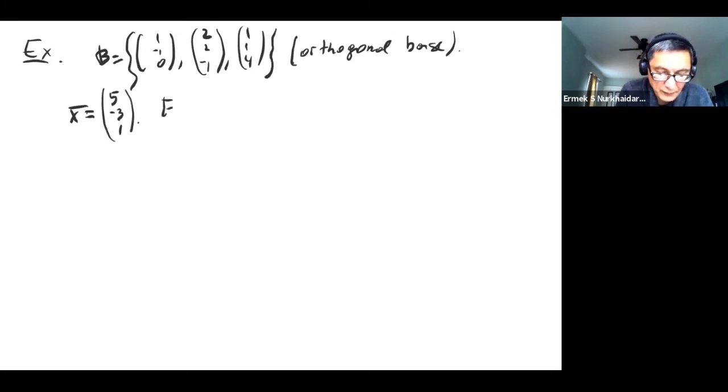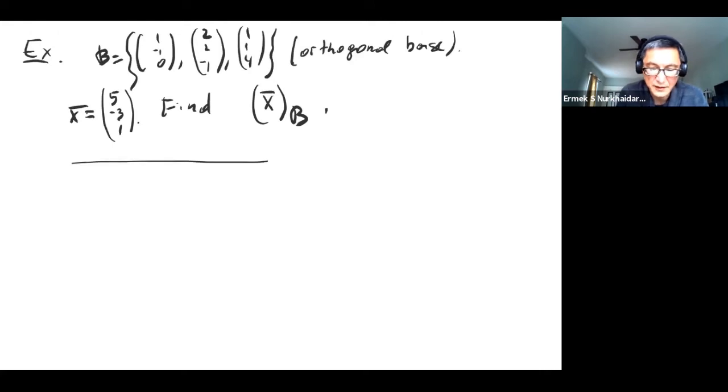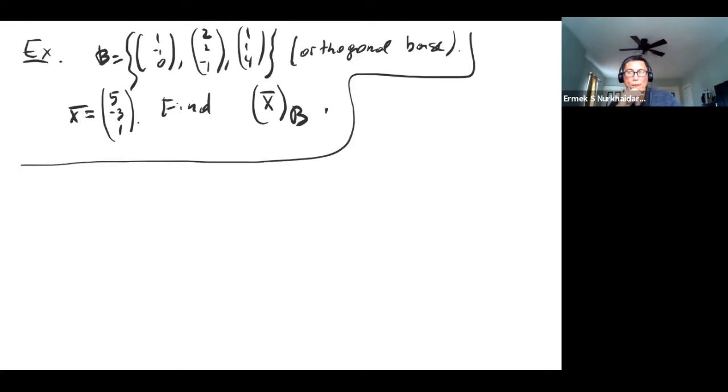We want to find the coordinates of vector x in that base B. Let's see how we're going to use the property that our base is orthogonal.